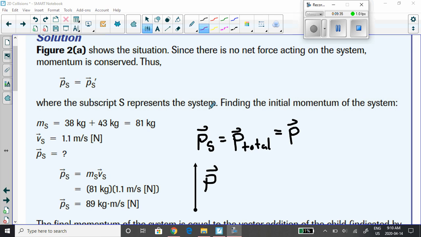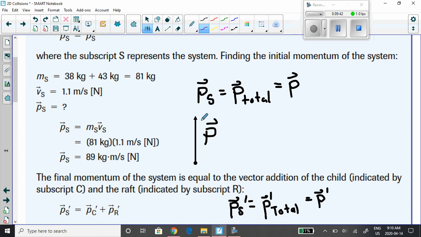Finding the initial momentum of the system is pretty straightforward. The initial momentum, represented by this vector right here, is just the mass of the child and the raft multiplied by their common velocity, and there you have it: the momentum of the system before the child starts to walk.